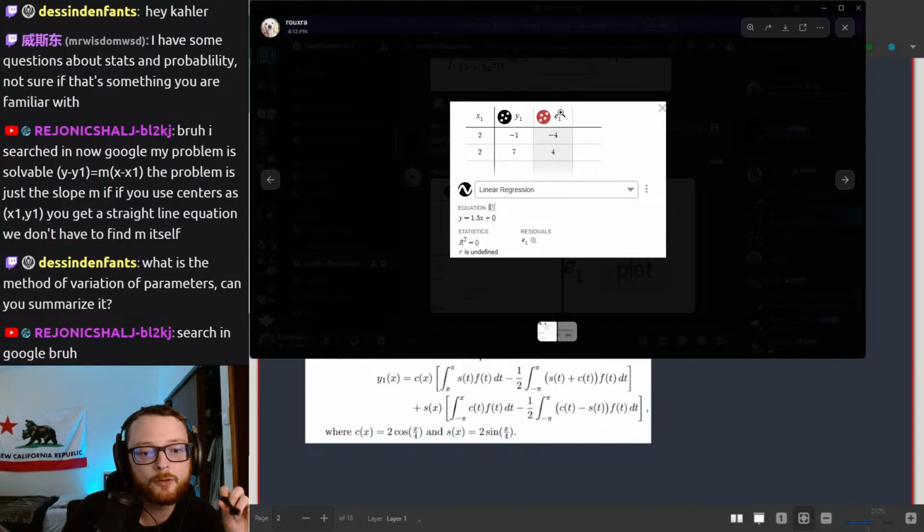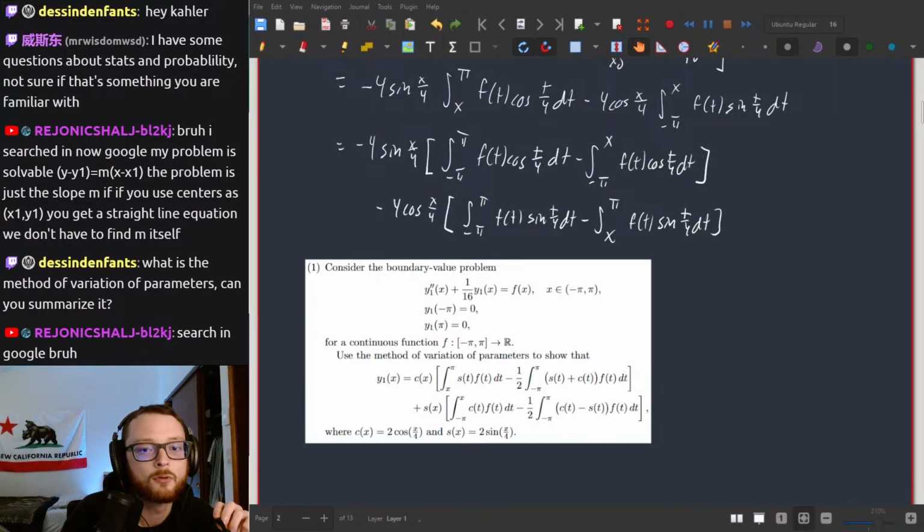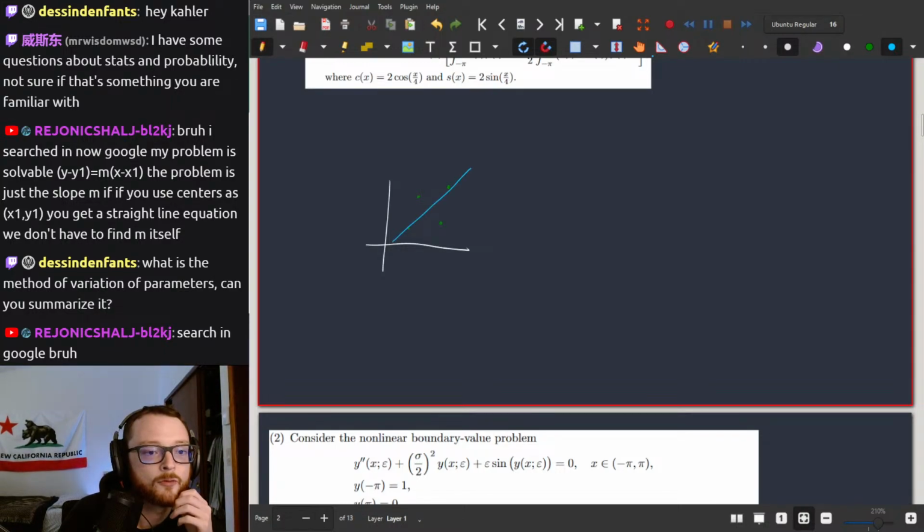Okay, so if E1 is the residual, it's the difference between... If your data looks like that and your line looks like that, the residual is the vertical distance from the point to the line.